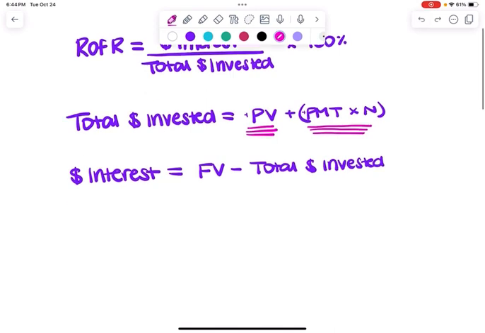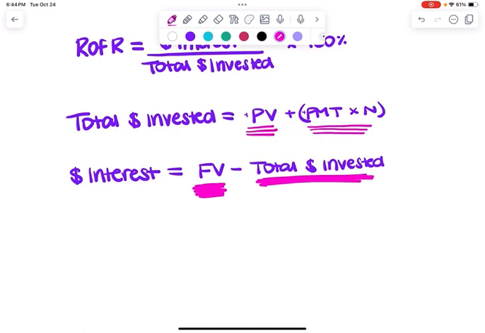To find the amount of interest, my numerator, the dollar amount of interest that I've earned on that investment, I am simply going to take my final value, whatever I get with my TVM, and subtract my total invested. Sometimes my total invested happens to be the same as PV.